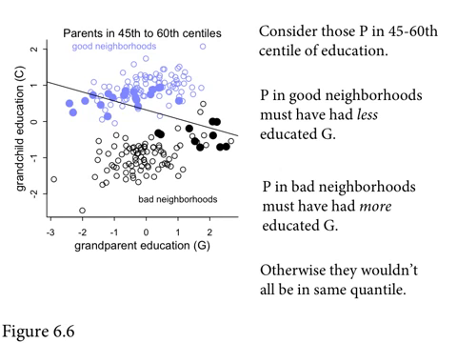Likewise, the parents in the bad neighborhood, to have the same educational outcome as those other parents in the good neighborhoods, must have had more educated grandparents. Otherwise, they wouldn't have the same educational outcomes. There's no way this batch of parents could be tied and have their neighborhood differences unless they had different sets of grandparents. And that's where the grandparent effect comes from. But it's because of a collider. It's because there's two ways to end up being a highly educated parent.